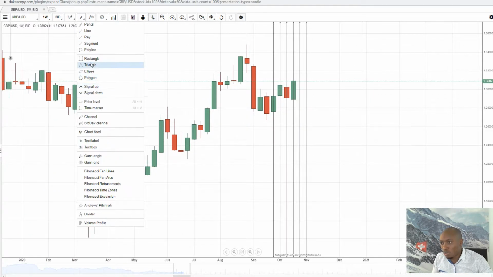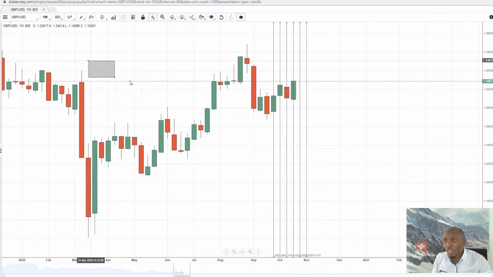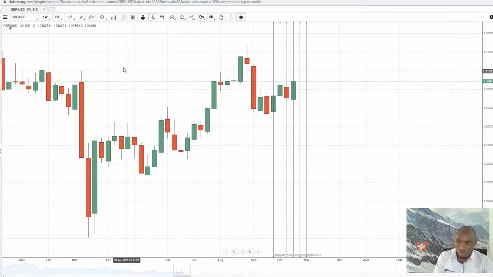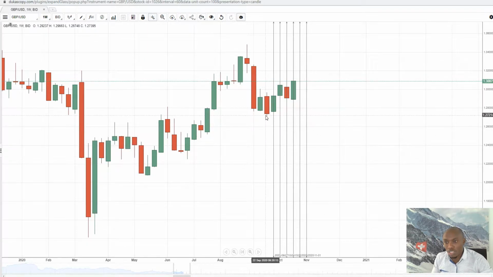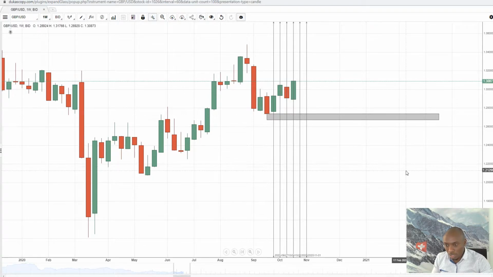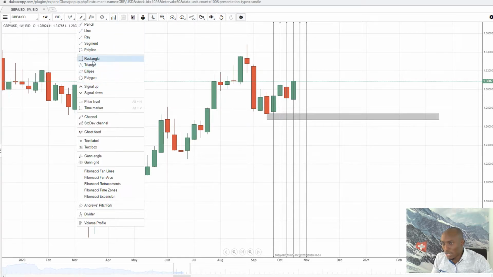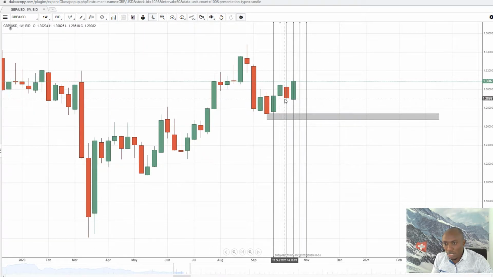The second thing, which I usually do on the weekly time frame, I want to draw support and resistance, the major support and major resistance. This is kind of a major support level. That's number one. This other one is kind of a support level, but maybe I will see this on the daily time frame.